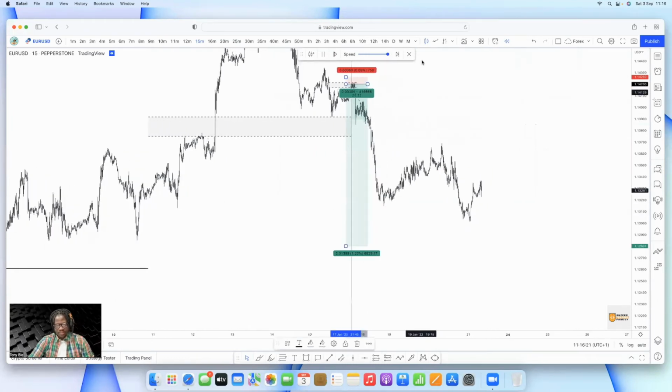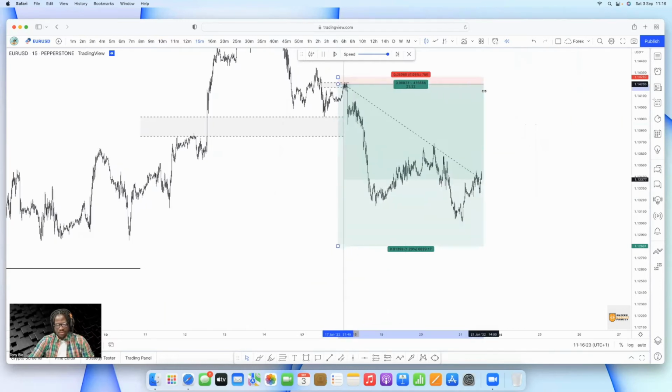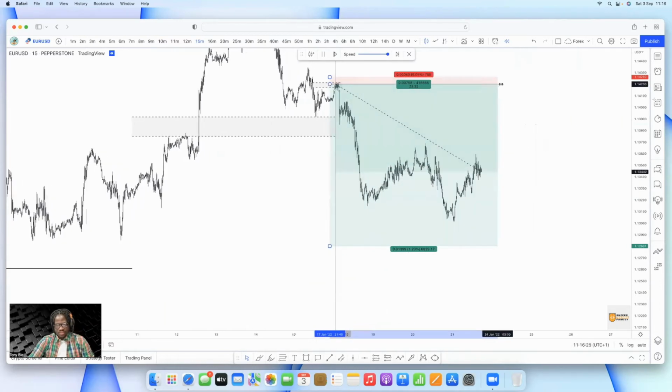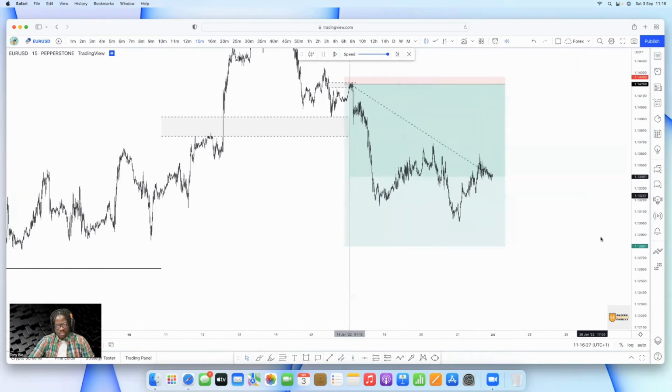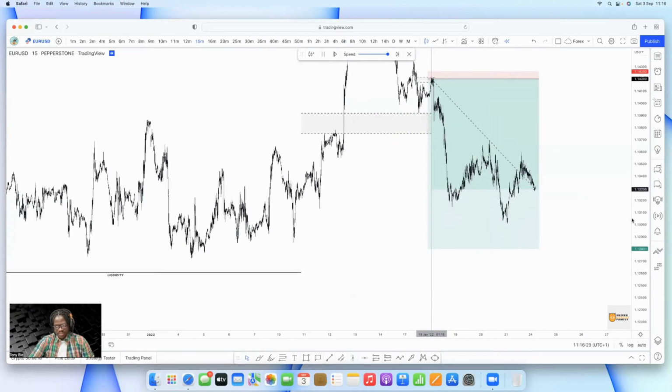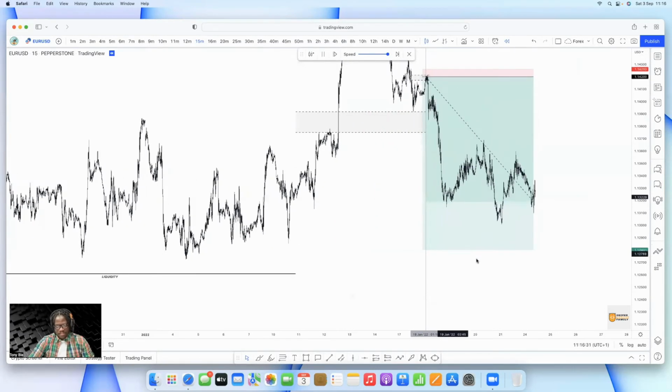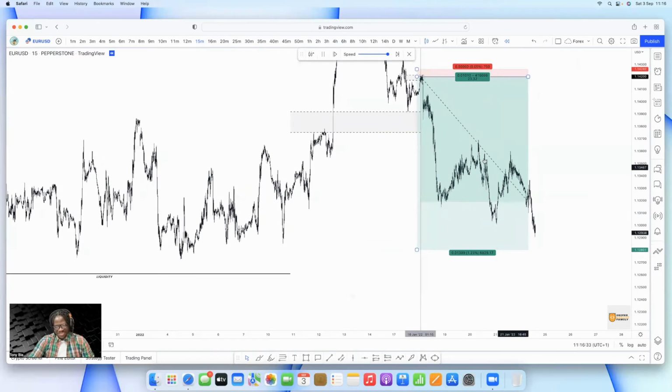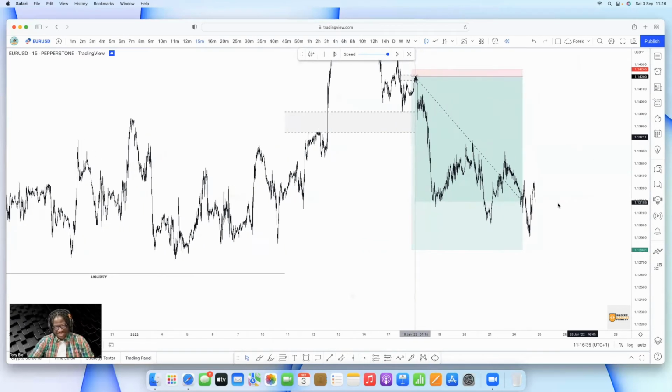It was just going down. It was going down. So you could have caught all of this. The price came back down, just consolidating and all of that, and then it actually came back down.